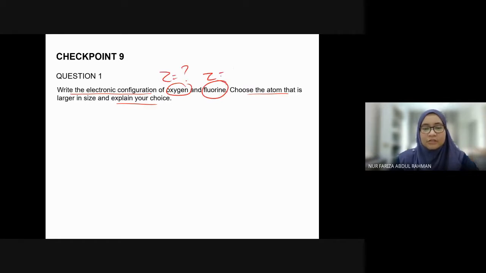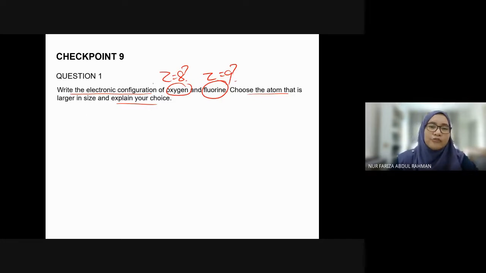We are talking about atoms now, meaning without loss or gain of electrons. So we need the value of Z because the number of electrons will be the same as the number of protons for an atom. Z for oxygen is 8, Z for fluorine is 9. Refer to your periodic table.